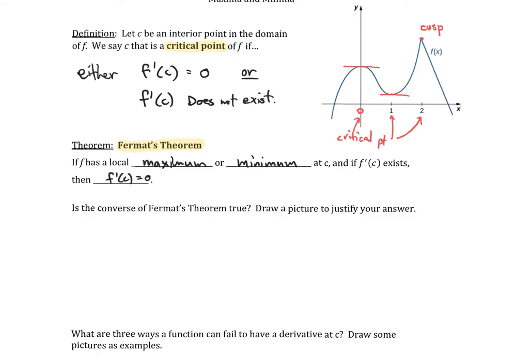Okay, so it's basically saying, whenever you have a maximum or a minimum at this point c, and you happen to know the derivative exists, then that derivative has to be equal to 0.